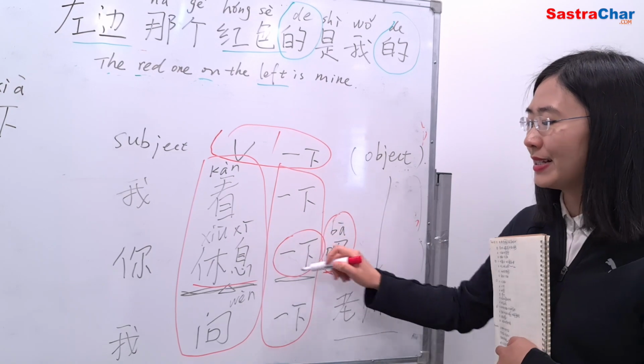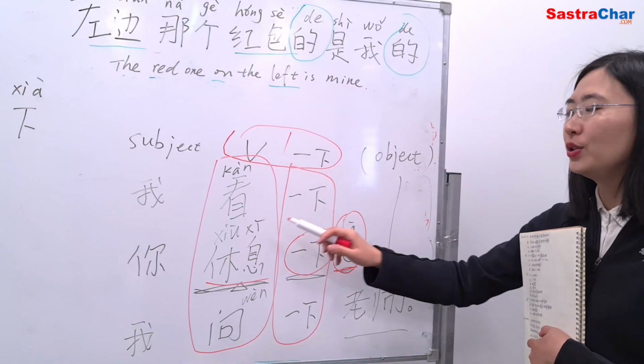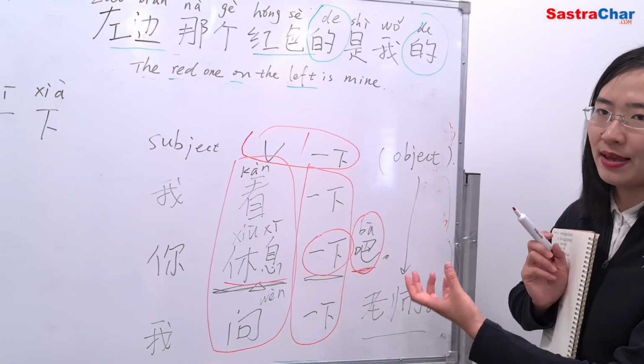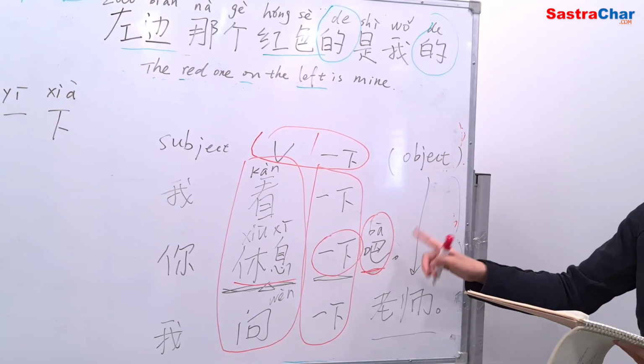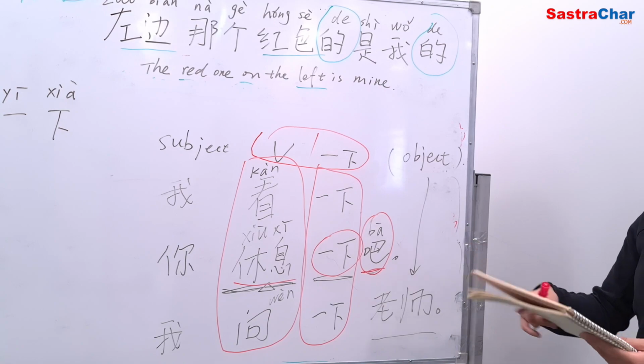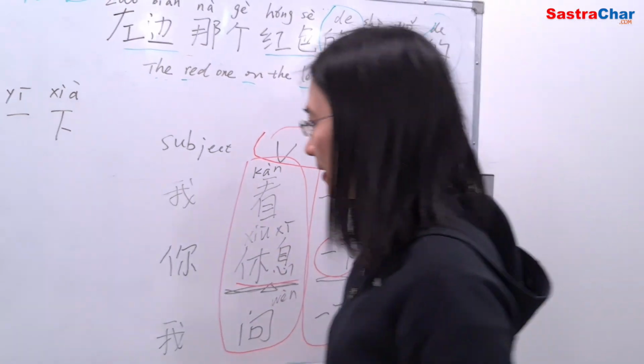So do 一下吧, do something and 吧. Okay, so that's it about this phrase 一下.